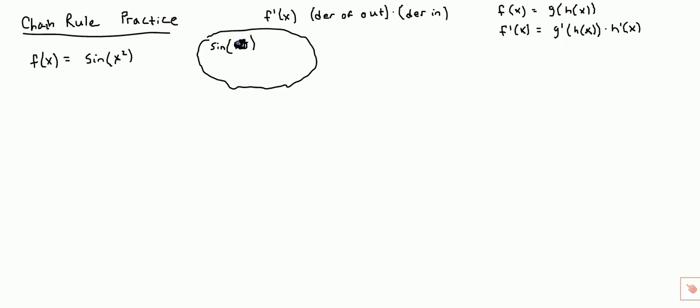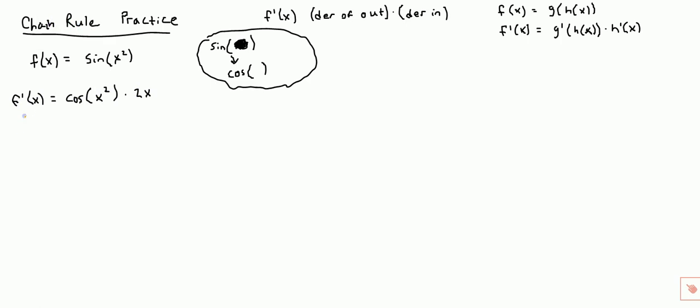We just have sine of something. The derivative of that is cosine of something. So f prime of x is the derivative of the outside. That's cosine of something. Something is unchanged, it's x squared. And the derivative of the inside is 2 times x. Okay, so that is the answer. F prime of x is cosine of x squared times 2x. Okay, pretty quick.